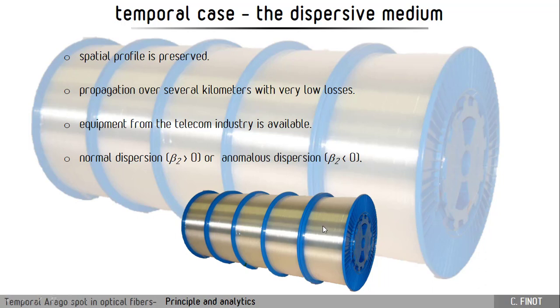And finally, with optical fiber, we can also play with the level of dispersion, and we can have fiber with a dispersion that is normal or anomalous. So we have here some freedom on the sign of the dispersion coefficient that is used in the propagation equation. And as we will see, when nonlinearity is induced, it will change a few things.